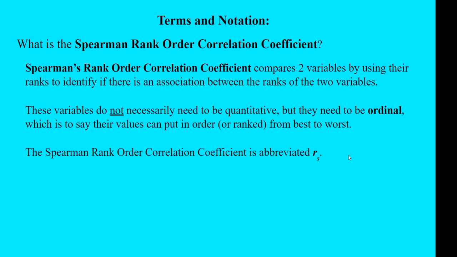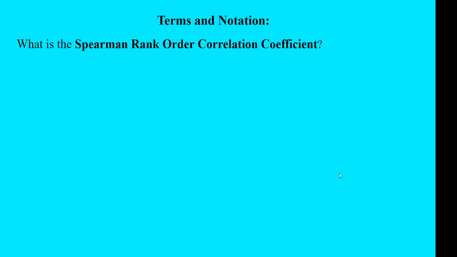We abbreviate the Spearman rank order correlation coefficient with a lowercase r, just like Pearson's correlation coefficient, but it has a subscript on it with the S standing for Spearman. So it's r sub s, and again, if we just see a lowercase r, we're assuming that's Pearson's correlation coefficient. We need to have that subscript, r sub s, in order to know that it's Spearman's.